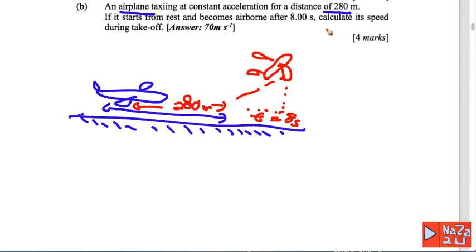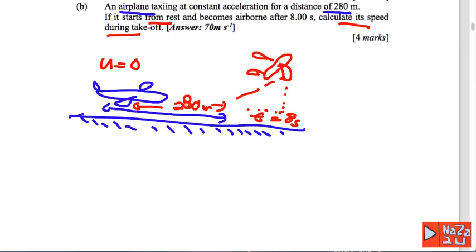Okay, so calculate the speed during the takeoff. So meaning what is the value of the speed for the takeoff process? Because the aeroplane starts from rest, the initial value u is equal to 0, and the distance for the airplane taxiing is 280 meter, and the process for takeoff is 8 seconds.